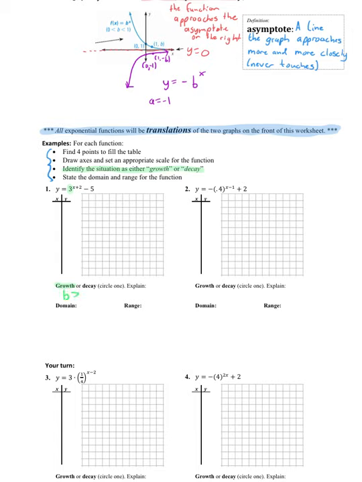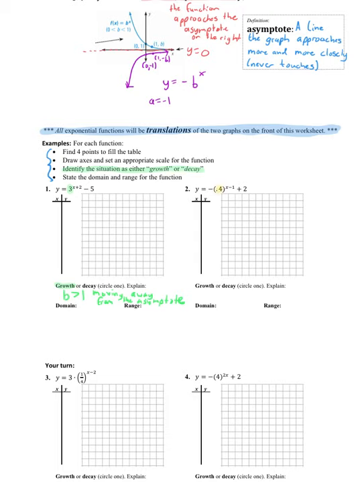So b is greater than 1, which means it's going to be moving away from the asymptote when we graph it. Hey, that's really easy, I can identify growth and decay. If it's easier for you to do it visually once you see the graph, that's perfectly fine. But hopefully, ultimately, we can start identifying them right away.